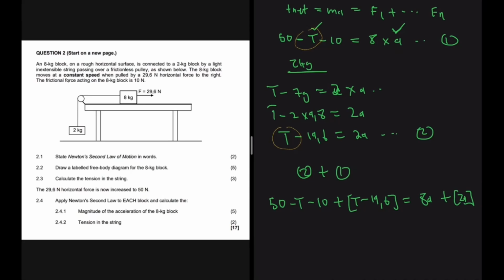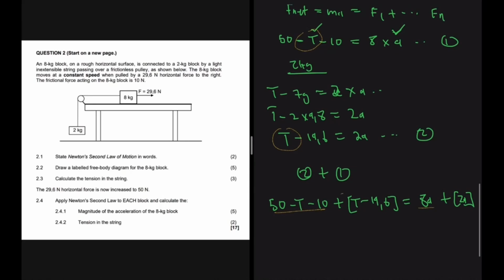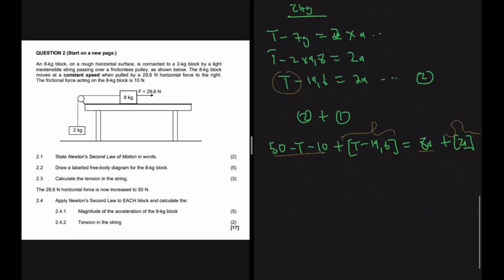This is equation 1, and then I'm adding equation 2. Okay, so t and t are going to cancel out, like you see.